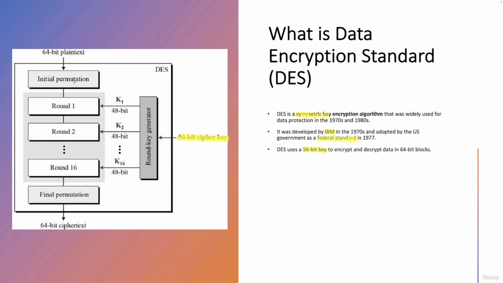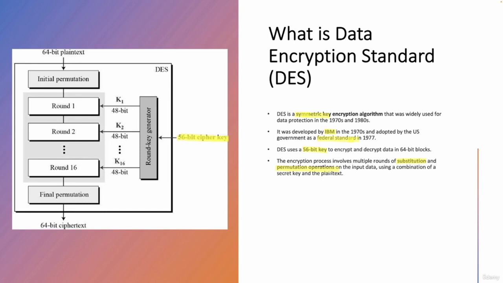It generates a lot of permutations and several rounds. Normally it took 16 different rounds of encryption to generate a ciphertext. The encryption process involves multiple rounds of substitution and permutation operations on the input data.